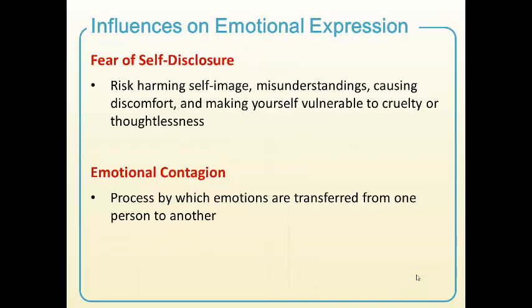Sometimes fear of disclosure can influence your emotional expression. Putting out that emotion, sharing that emotion, but then feeling vulnerable that now that person knows how you feel and might use it against you. And also an important one that happens with children is emotional contagion. Sometimes you'll see children, one gets giddy or excited, and the whole group starts to act kind of crazy.